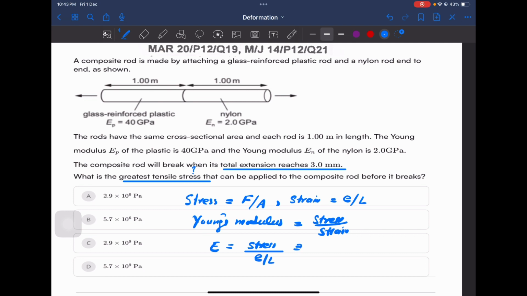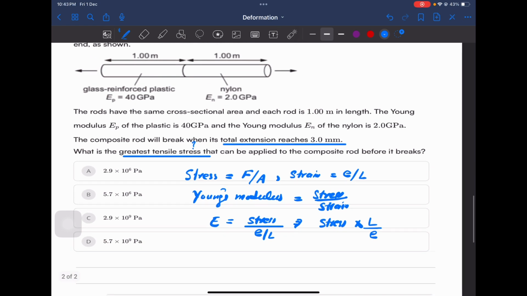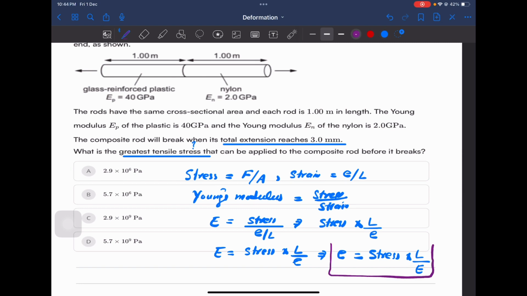The next step could be extension equals stress into L by E. Hope you understand this step. So the general equation becomes E equals stress into L over extension, or I can rearrange and make extension the subject: extension is stress into L by Young's modulus. This is the equation that we will be using now.